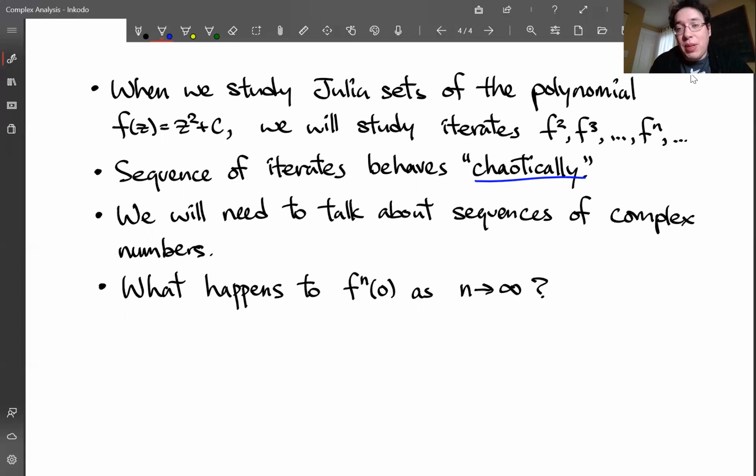And in doing so, we're gonna have to learn how to deal with sequences of complex numbers. In particular, we're gonna be interested in what happens to the nth iterate evaluated at 0, and hopefully make sense of taking the limit as n goes to infinity.